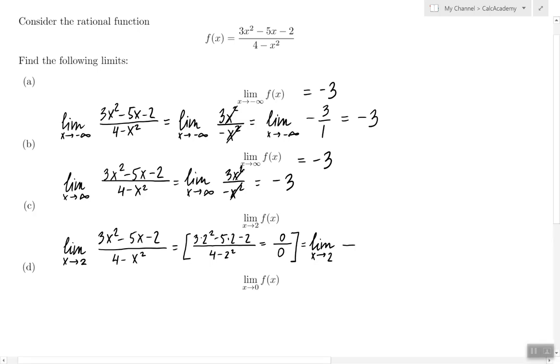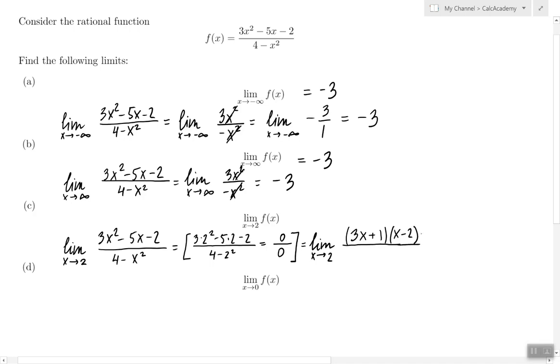So we have to factor the polynomials in the numerator and the denominator, and the factorization of the polynomial in the numerator is the following. We have 3x minus 1 plus 1 times x minus 2.